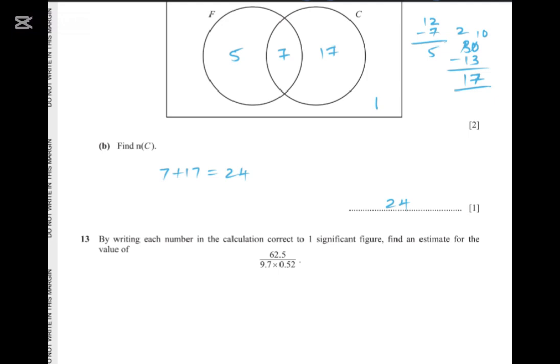Question 13. By writing each number in the calculation correct to one significant figure, find an estimate for the value of 62.5 over 9.7 into 0.52.